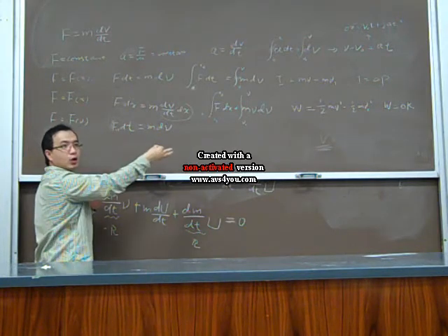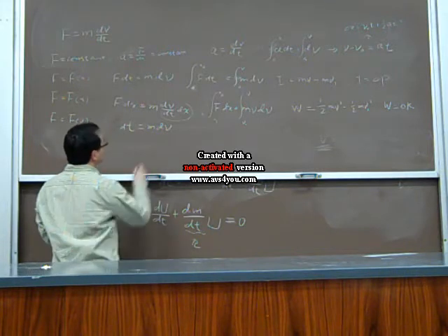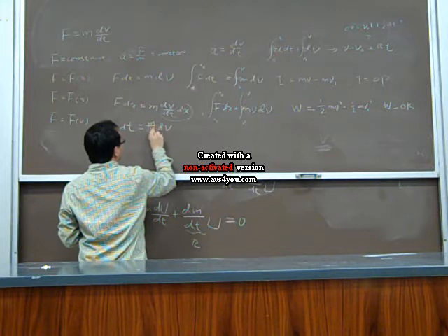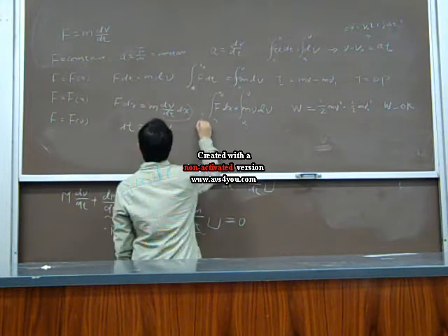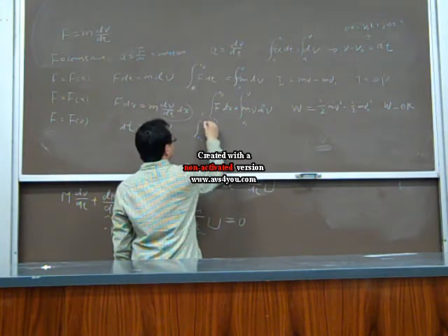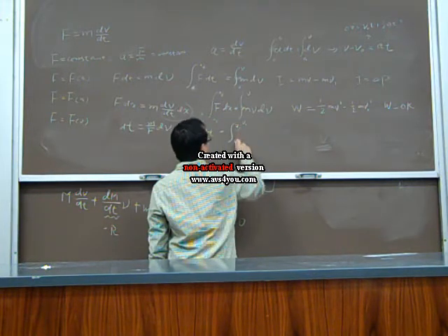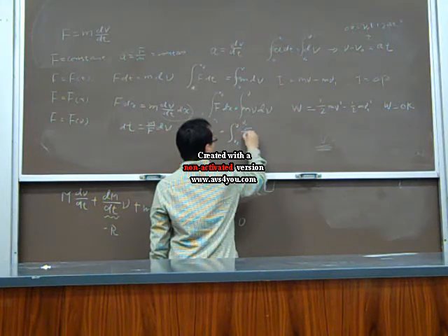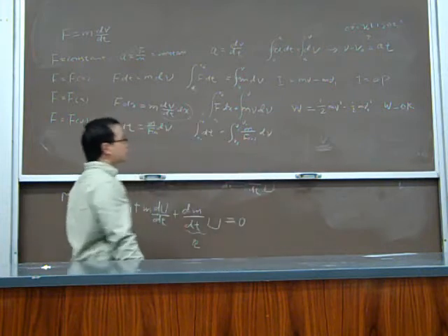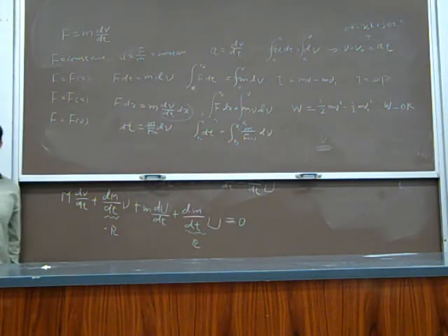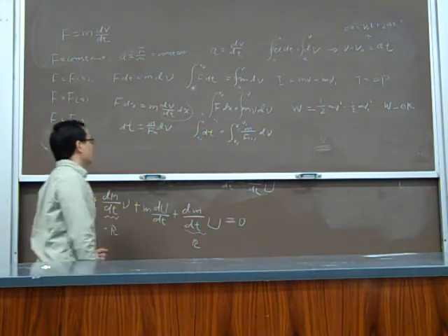We have to move all the v dependence to one side, so you write dt = (m/F) dv. Then you integrate both sides, from initial time to final time, and from initial velocity v₀ to final velocity v, of m over F(v) dv. This is a typical drag force problem. You can go back and check how we do that, but the idea is to integrate it like this.